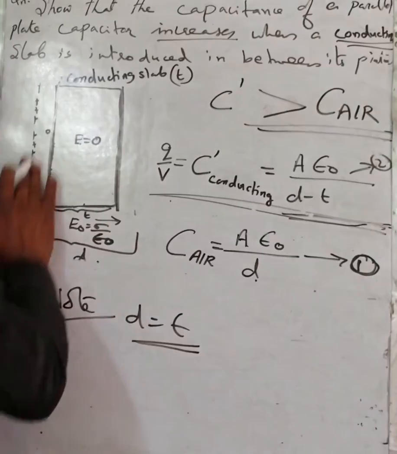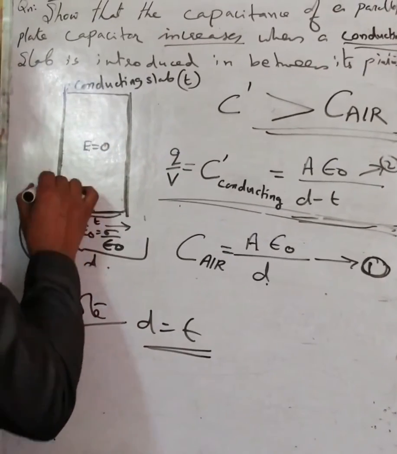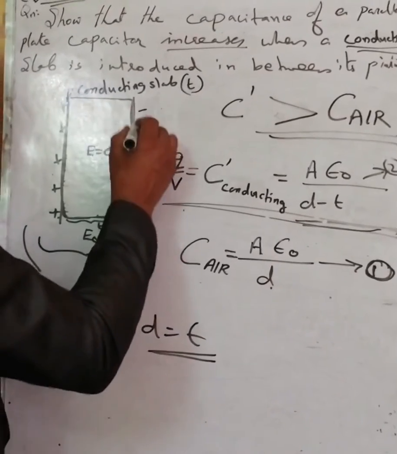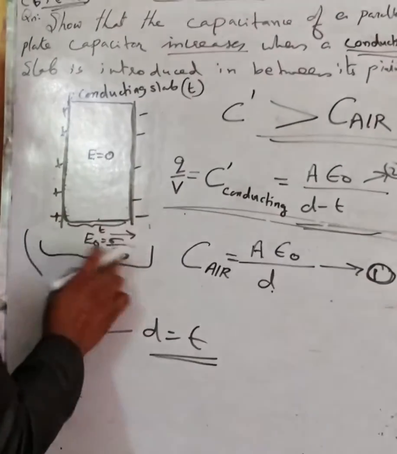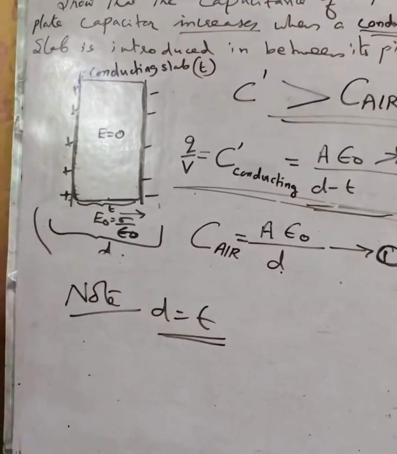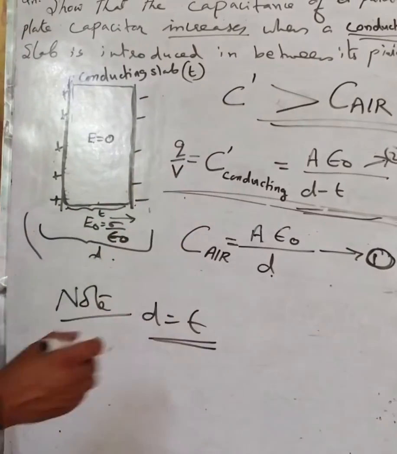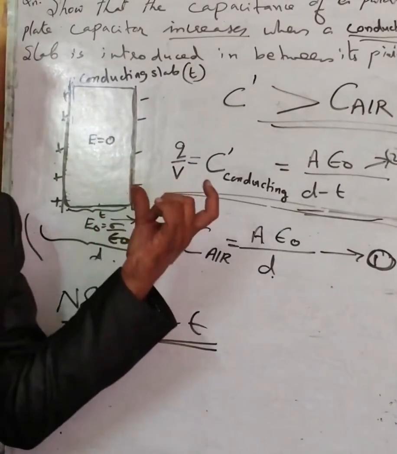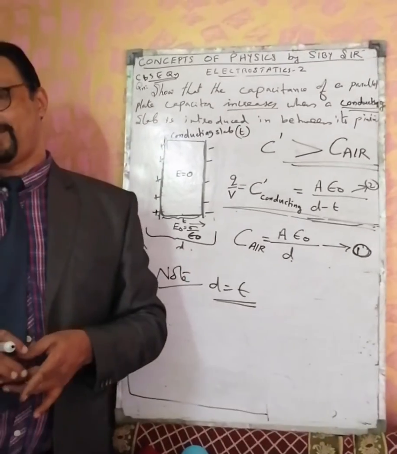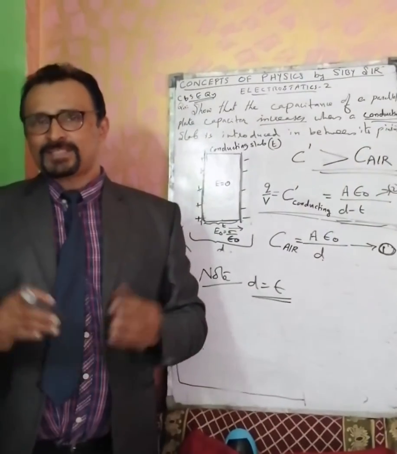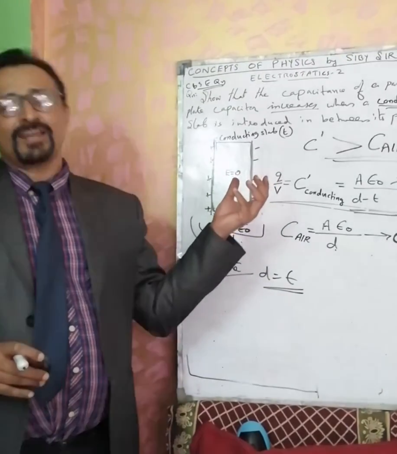That is the meaning if D is equal to T. So this is the positive plate and this is your negative plate, and T is equal to D. So exactly in contact. Otherwise, this conducting slab and the plates of the capacitor together behave like a single conductor. Isn't it? There is touching between them. So this arrangement is behaving like a single conductor.